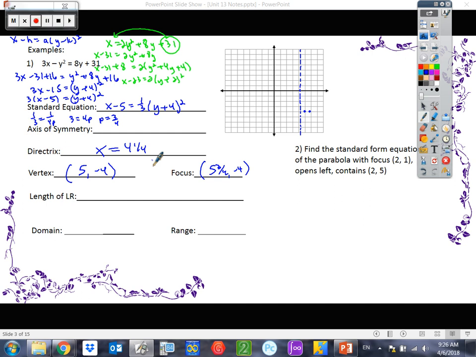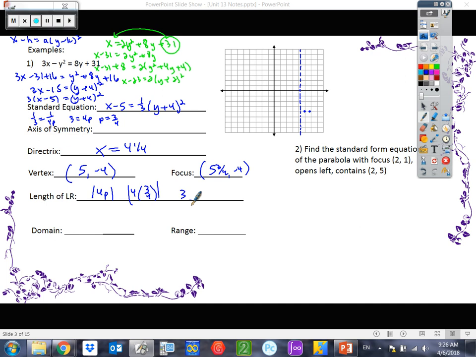All right, so let's find the length of the latus rectum. So that's our formula, absolute value of 4p. Now, do we see why absolute value is important? Because p could be positive or negative, depending on the opening of the parabola, and the focal diameter is just a segment. So we would do 4 times 3/4, and so it's 3.